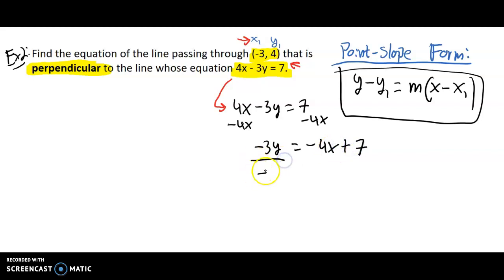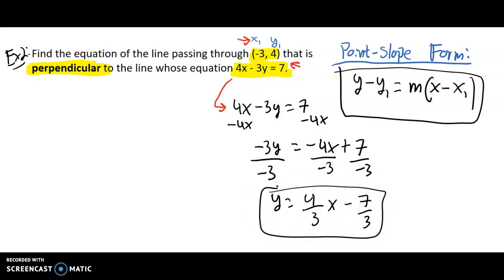Now I'm going to divide both sides by -3, so we can get that y by itself. So y equals -4 over -3, positive 4/3, because we have double negative, and then minus 7 over 3.